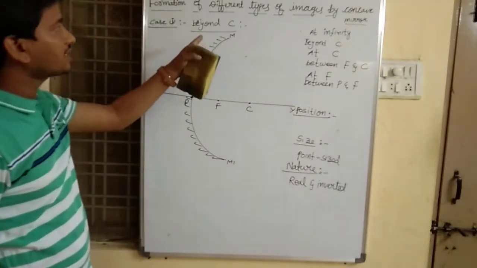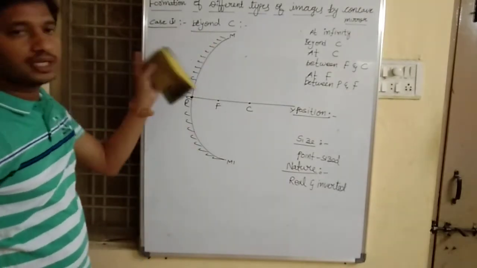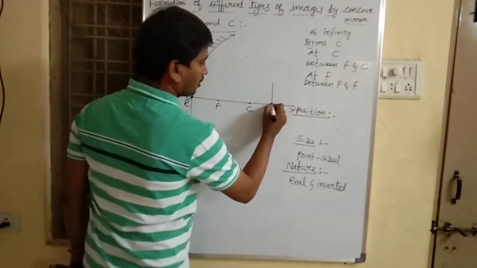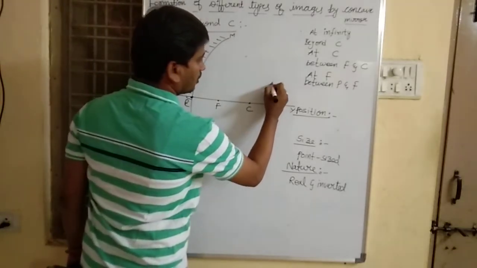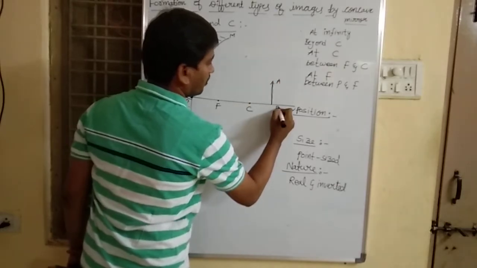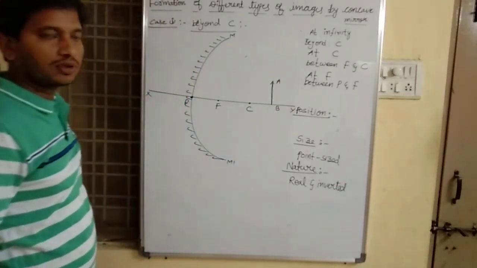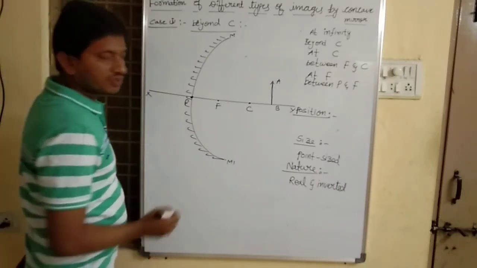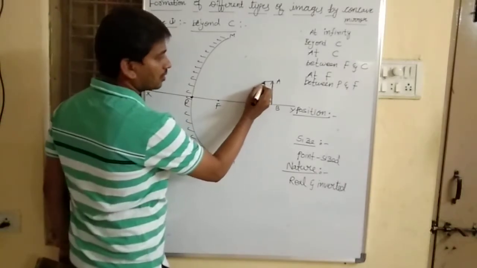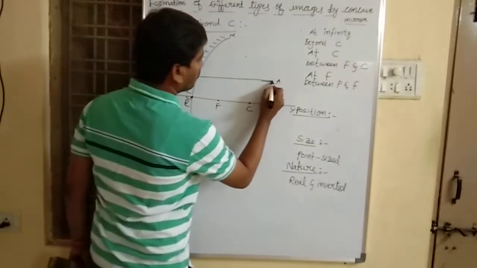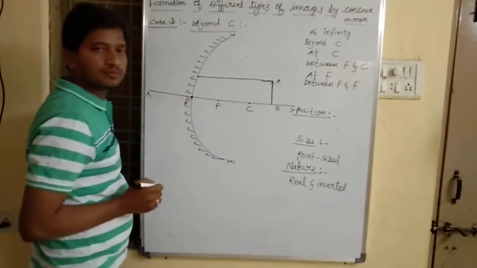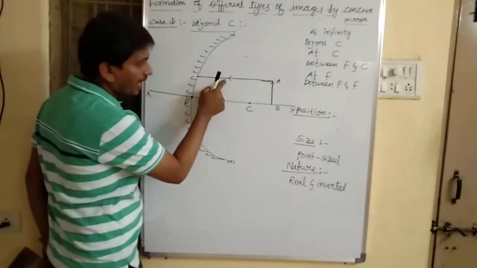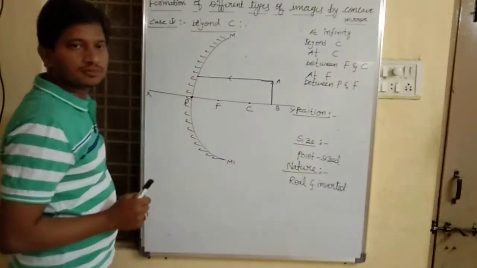Now where do we have to place the object? We have to place the object beyond the center of curvature. This is my object AB, which is on the principal axis. My first ray, which is coming from point A, is a ray of light parallel to the principal axis.